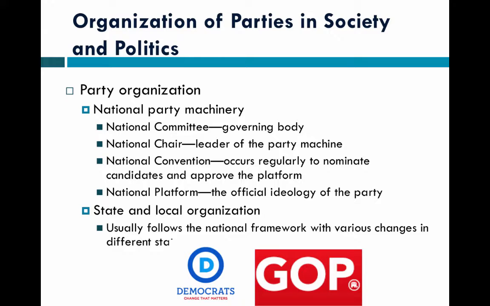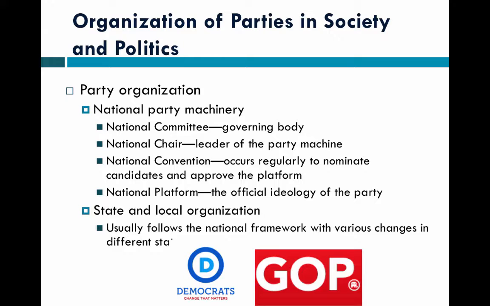That's the chair's role. The National Convention occurs regularly to nominate candidates and approve the platform, and the platform is the official ideology of the party written down in a long document that says that this is what the party believes in. Now, the difference, again, between our parties and parties in Western Europe and elsewhere is that the national platform is not something everybody has to sign on to.